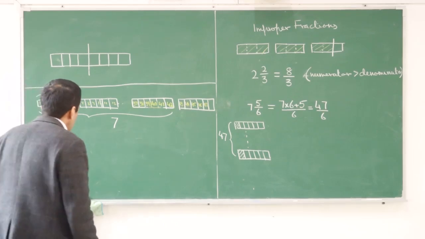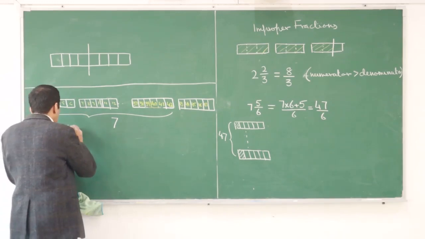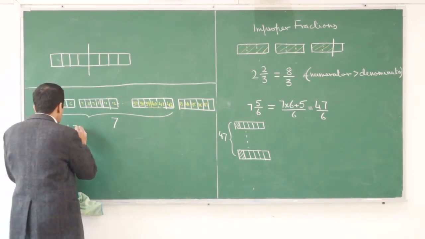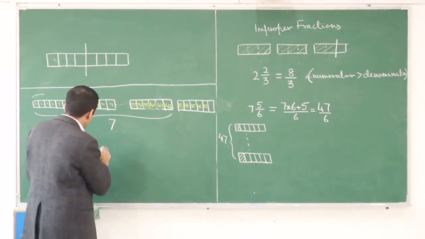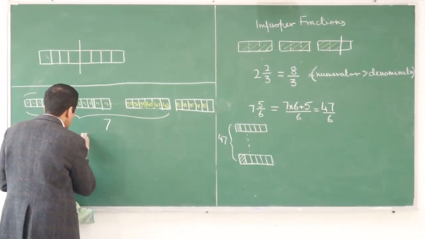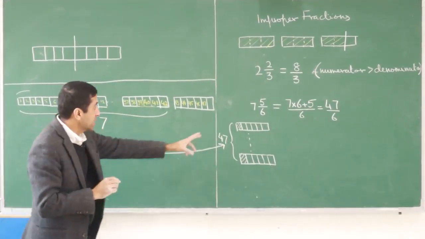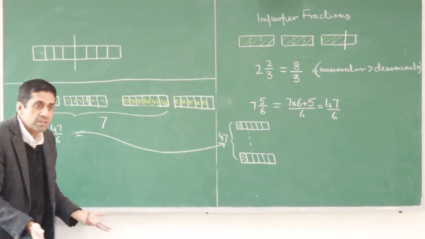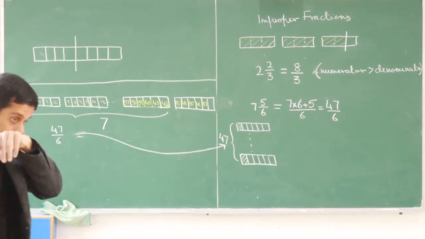So you can see that the number of pieces that you get, 47 over 6, is exactly the same as this because you're just taking 47 of these small pieces. So it's the same amount of apple that you're getting.